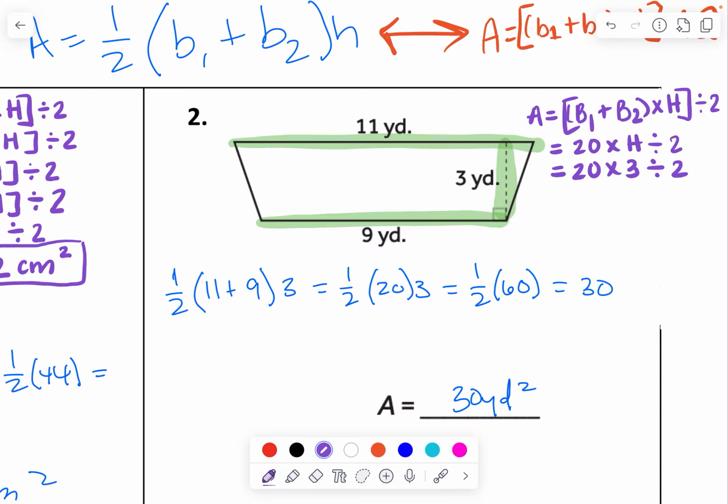Okay, what is 20 times 3? It's 60 divided by 2. What is 60 divided by 2? 30. What is our unit? Yards. And don't forget the square.